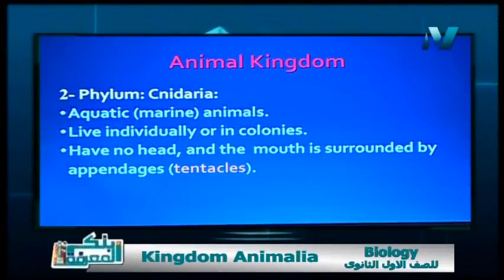The second phylum is called Cnidaria. Sometimes we pronounce it wrongly, but it's Cnidaria. Aquatic marine animals, and they live individually or in colonies. They have no head, and the mouth is surrounded by appendages, or we call them tentacles.